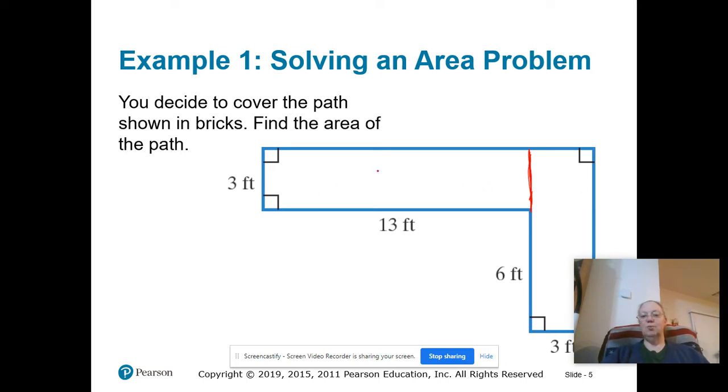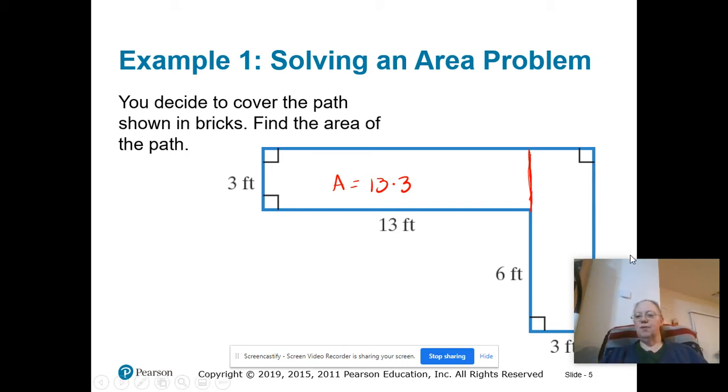So I have this rectangle right here, where the length is 13 and the width is 3. So my area would be my 13 times 3. And then I need to find the area of this rectangle right here.